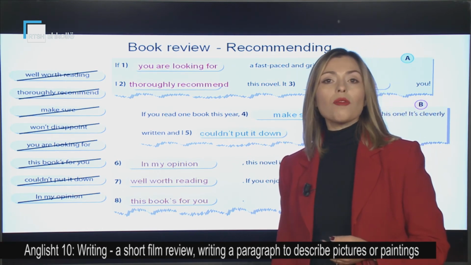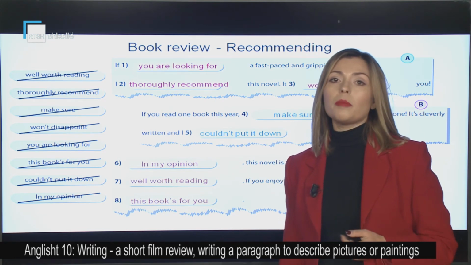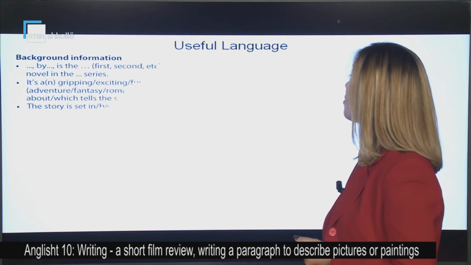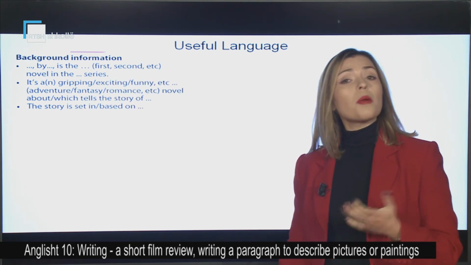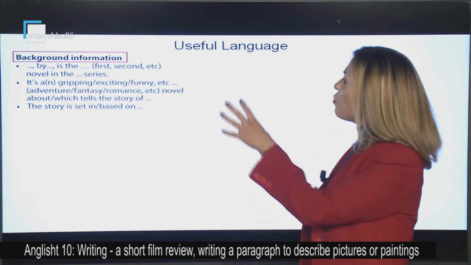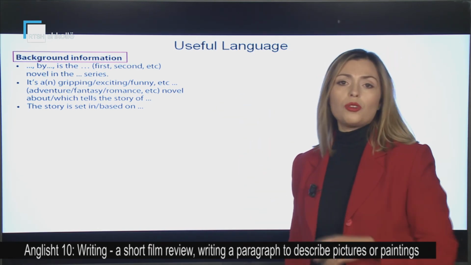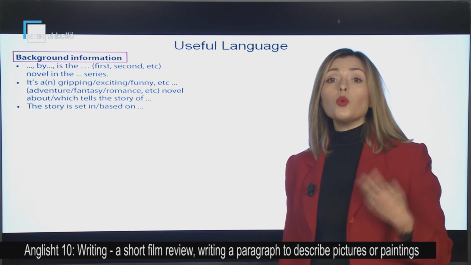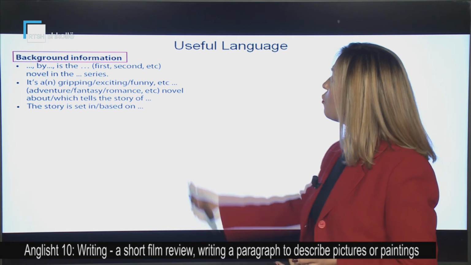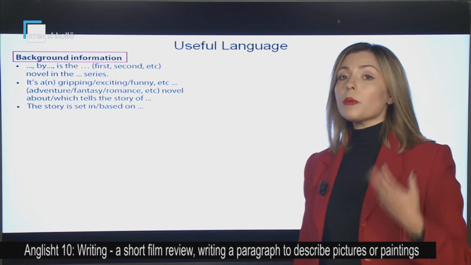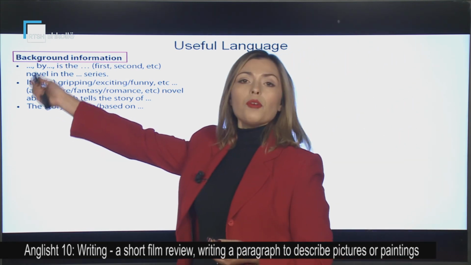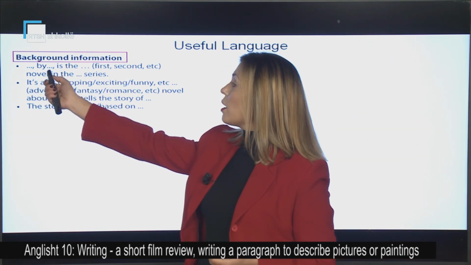You can choose one of those and you can talk about your book or your film. Of course, we have useful language. There are many expressions for you to use. You can choose one or two from the information that we're going to see. When we start the review, first of all, we said that we're going to give some background information. For example, the name of the book or of the film, by whom?